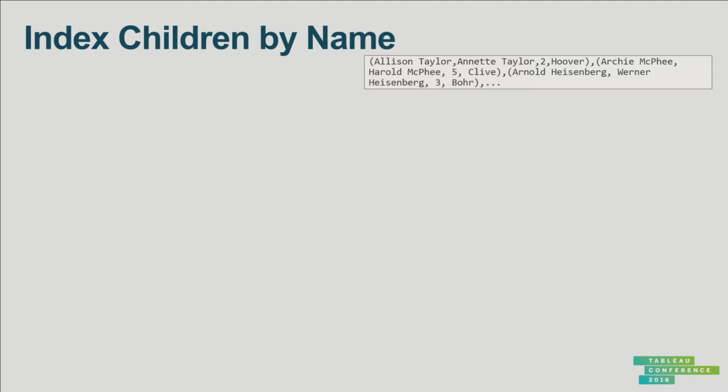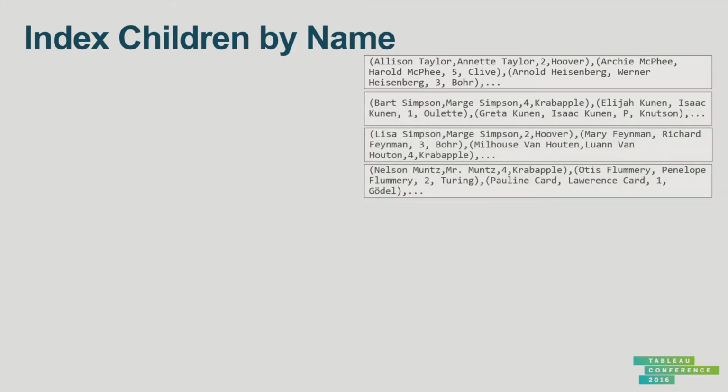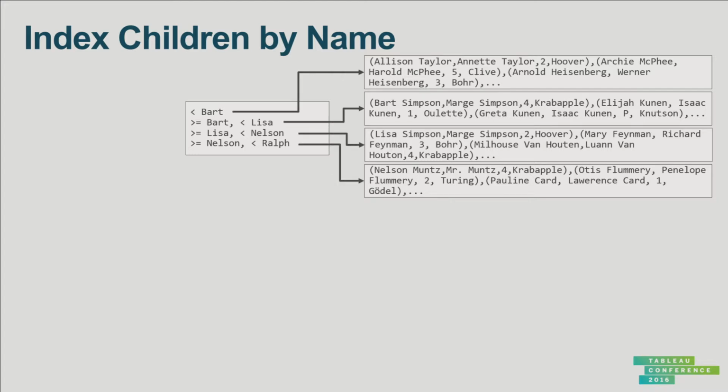So here I've augmented my children with a few extra ones. And of course, I ran out of Simpsons names. So let's accumulate a few more. So we start adding data, we get more disk pages, and then we need to figure out how to find those pages. We do this by introducing new disk pages that have some structure that helps me find them. So in this case, this node says, if it's less than Bart, I'm going to have a reference to that disk page that has the data.